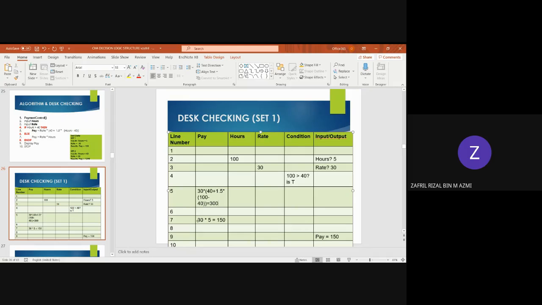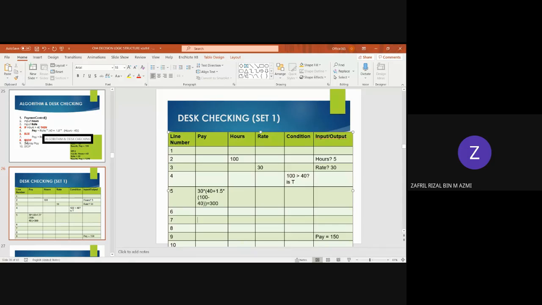So should we put this over here? So there is none. So lines 6 and 7 are going to be empty because we already executed line 5. Okay, because the decision is true. So if it is true, it will do this calculation and it will skip lines 6 and 7.